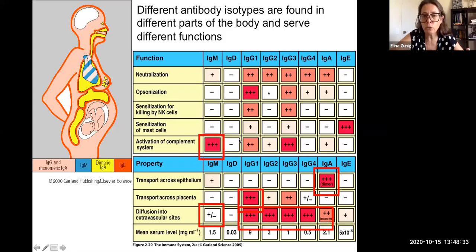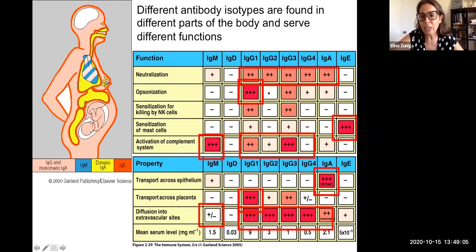And so what are the functions? We already learned that IgM is really good for activating complement. We already learned that we really want to have IgG to protect us from pathogens, and vaccination triggers IgG in many cases, also IgA, and because it's good for opsonization. Many of them are good for neutralization, and also with different variability among the subclasses, they are also good for complement activation.